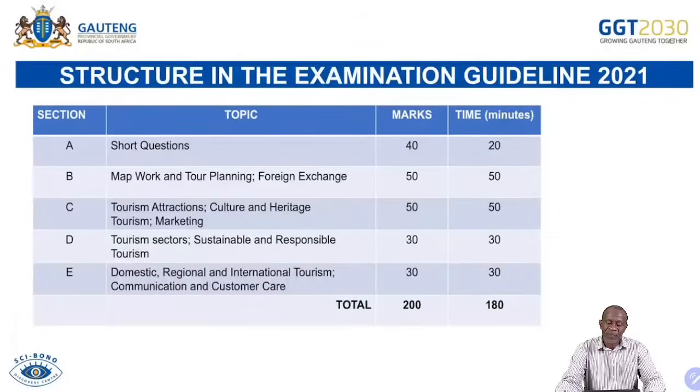Grade 12 learners, as we reflect on the structure of the tourism question paper indicated in the examination guideline of 2021, here is the layout of the 5 sections that you will be confronted with tomorrow. You have 5 sections as I've alluded to. You have section A, which is short questions.